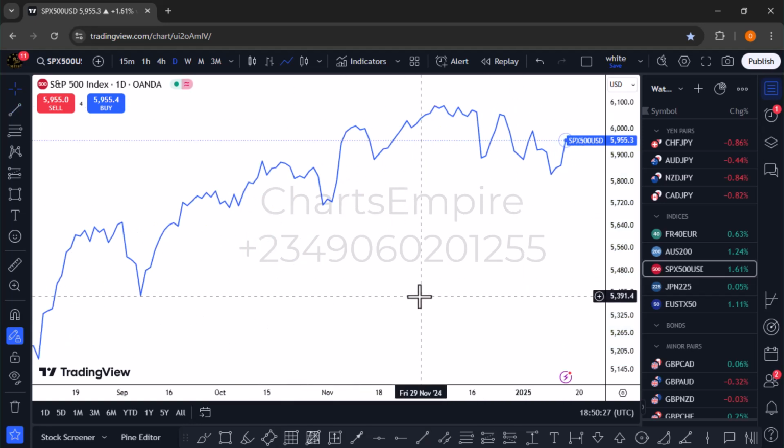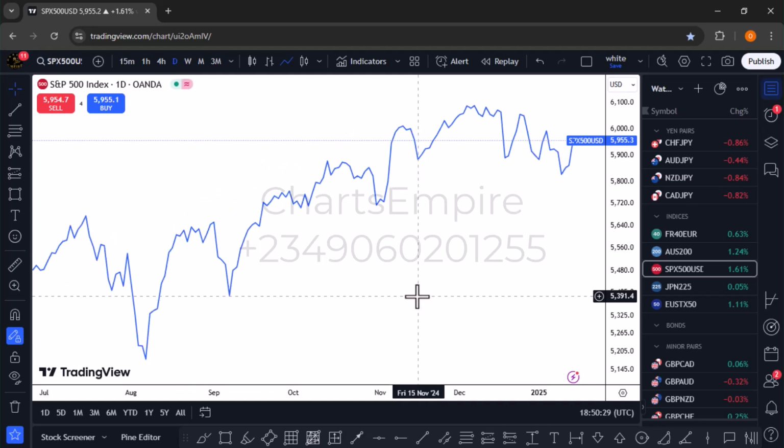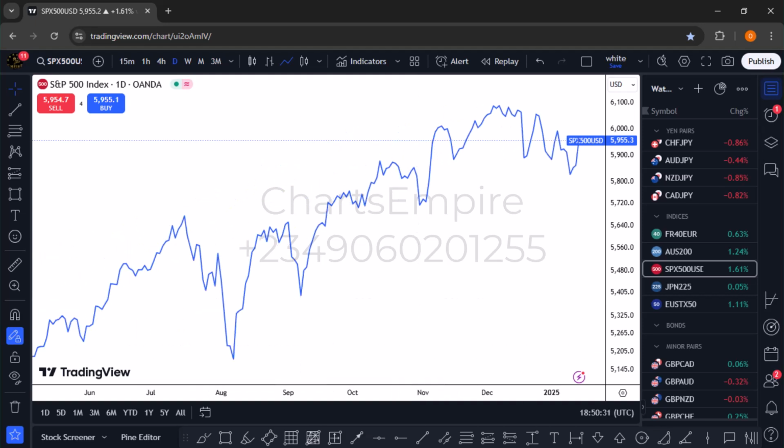So this is it. Now we are going to move on to the next concept right here, which is the Japanese candlestick. We're going to focus on Japanese candlestick. I told you a few minutes ago, I said we have a candlestick like this. Okay, let's get this off right here.